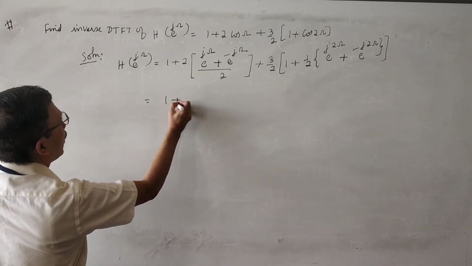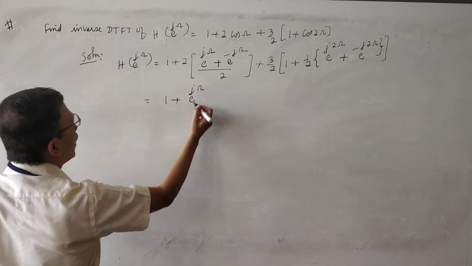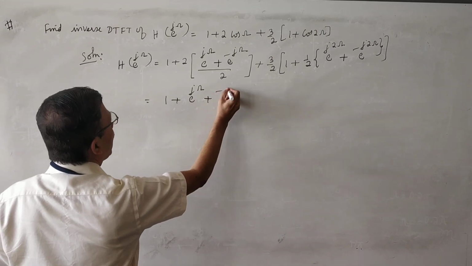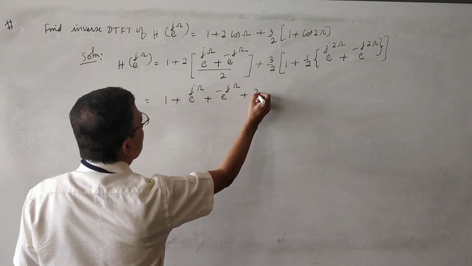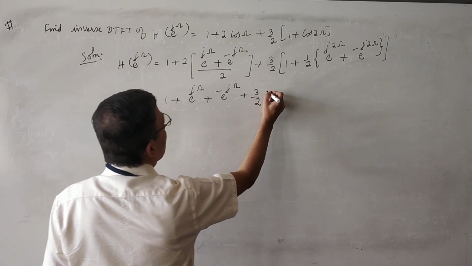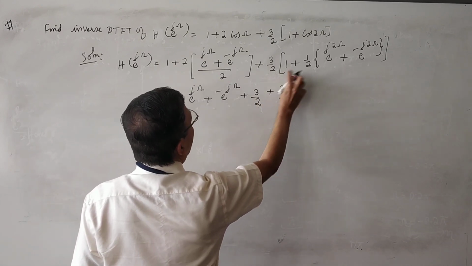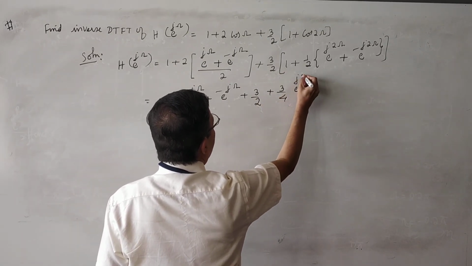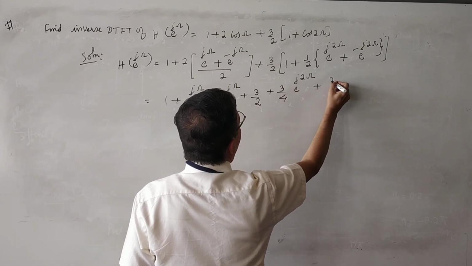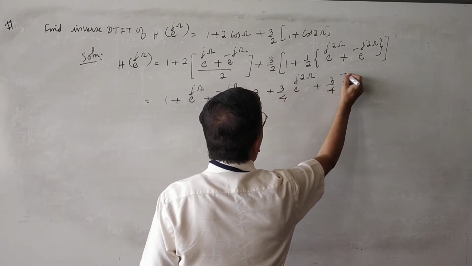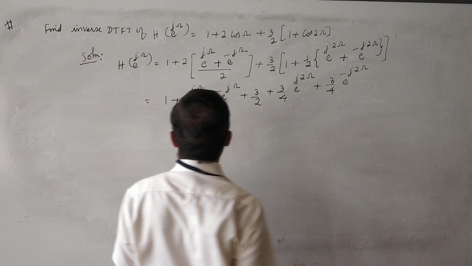This equals 1 plus e power j omega plus e power minus j omega plus 3 by 2 plus 3 by 4 into e power j times 2 omega plus 3 by 4 into e power minus j 2 omega.